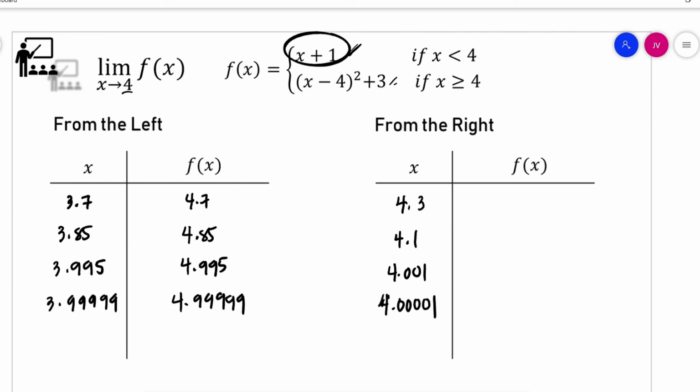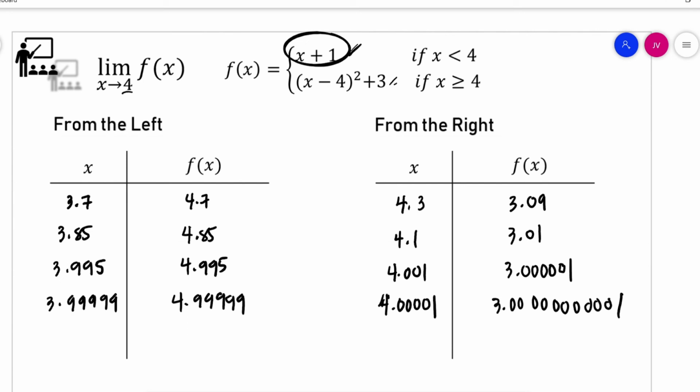And the values of f of x, we have 3.09, 3.01, 3.0000001, and we have here 3.00000000001. Ayan. So that is the value of our f of x.